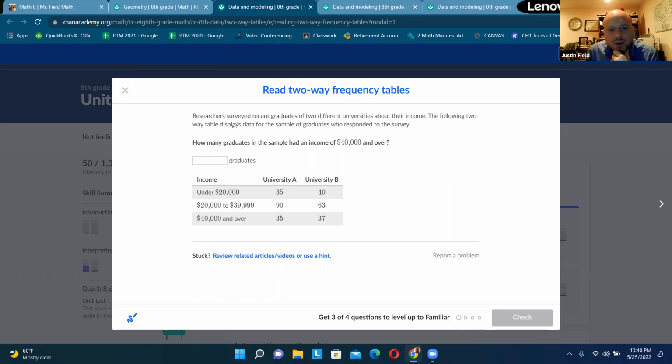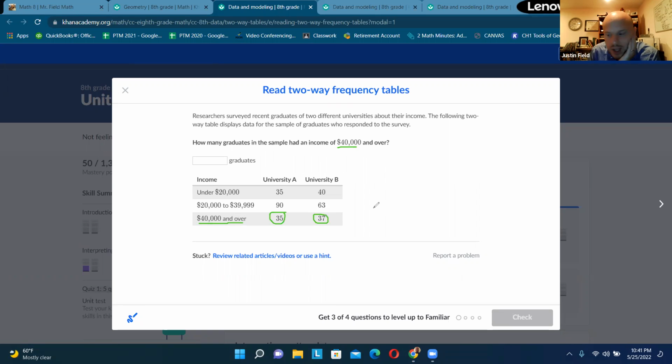The following two-way tables display data for the sample of graduates who responded to the survey. How many graduates in the sample had an income of 40,000 and over? So 40,000 and over is the last row. So 35 from University A and 37 from University B.